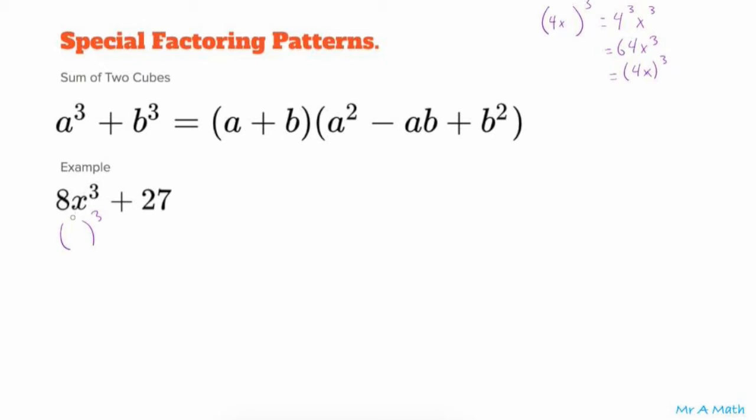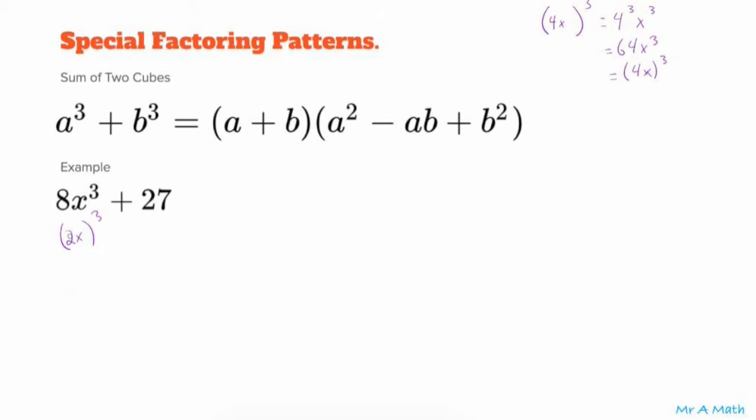If we keep our exponent algebra in mind, I can't just write 8x here, because if I distribute this exponent, the 3 will also go to the 8, so it'll become 8 to the third, which is not what we have here. So what to the third power gets me 8x cubed? Well, it's going to be 2x, because if I distribute the 3 into 2x, I get 2 cubed x cubed, which is 8x cubed. So that's going to work out in my answer.